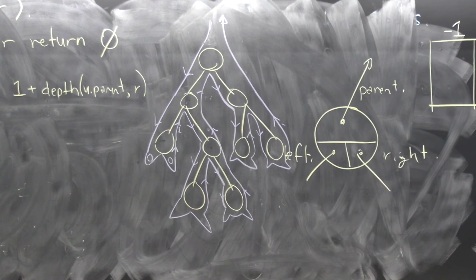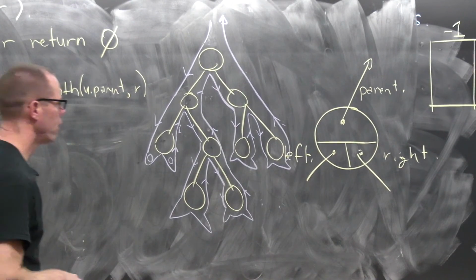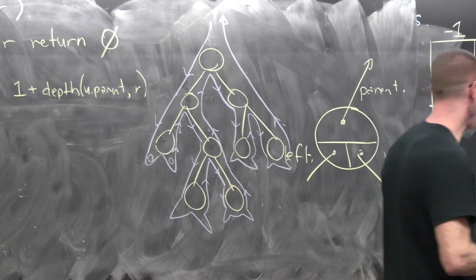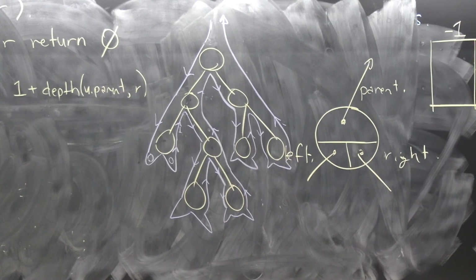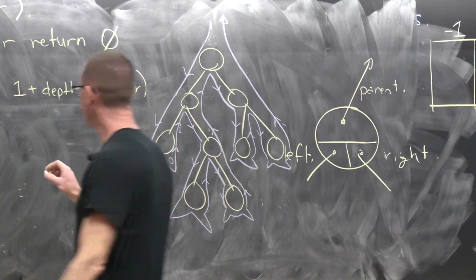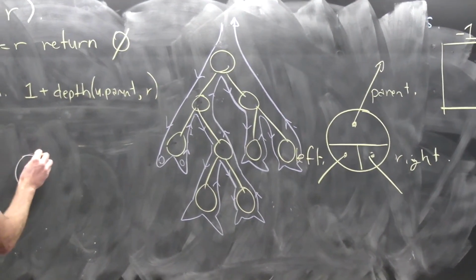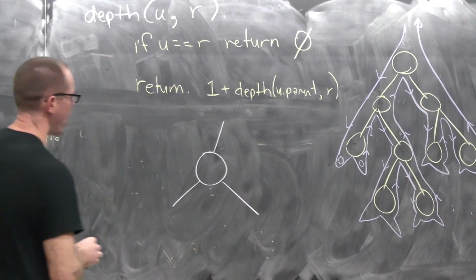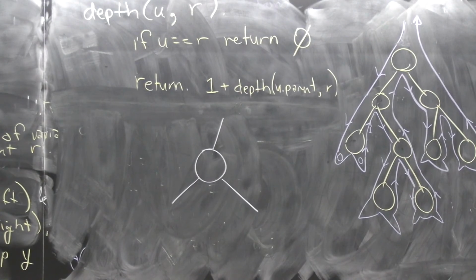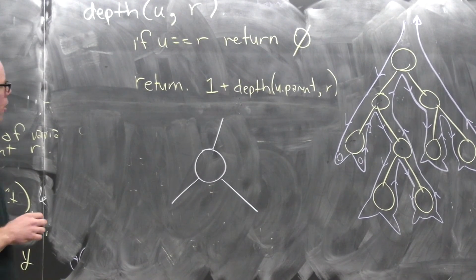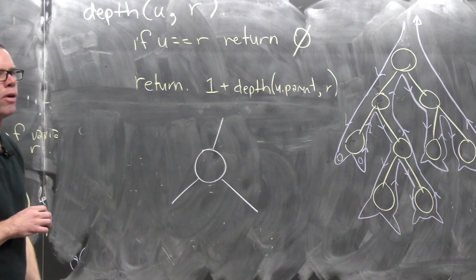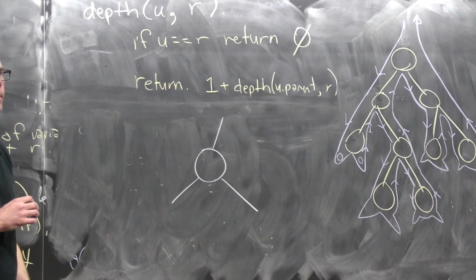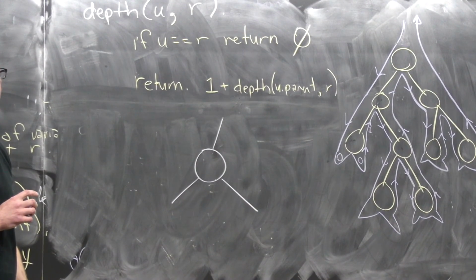So if I look at a typical node in this picture, isolate it from the rest of the picture, it looks like this. It has a parent, left child, and a right child. When we first arrive at this node, where are we coming from? First time we see this node.